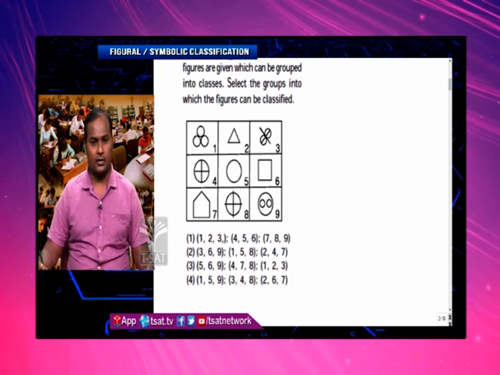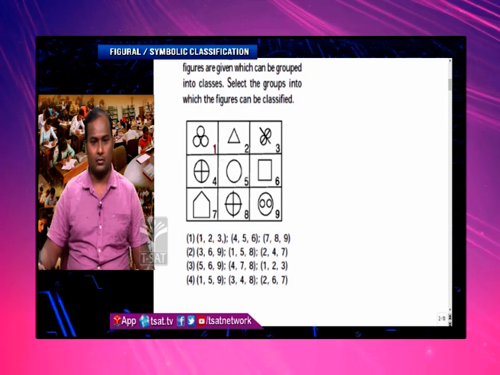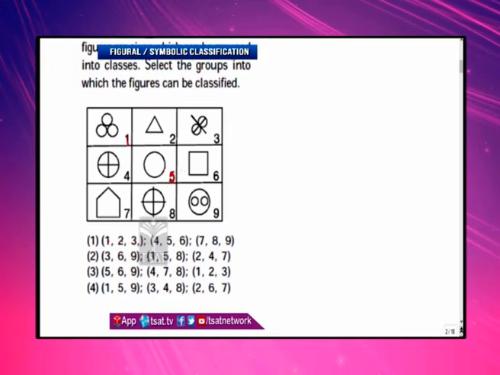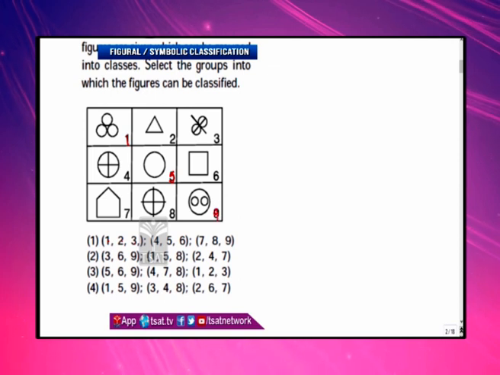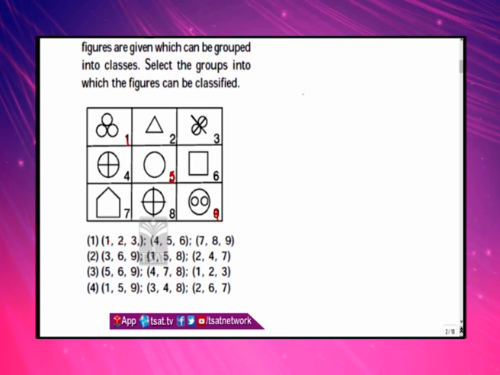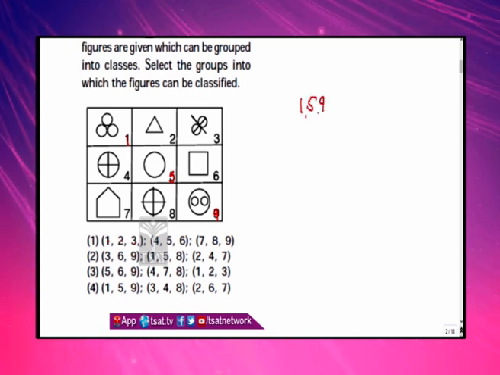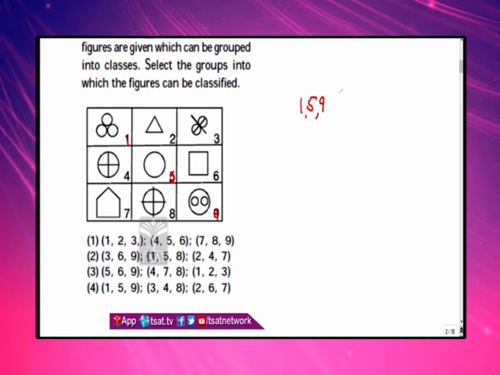Find out in which other figures you can find a circle. That is 1, 5 and 9. In these 3 cases, I can see circles. So based upon the character of circle, 1, 5, 9 will become one particular group.